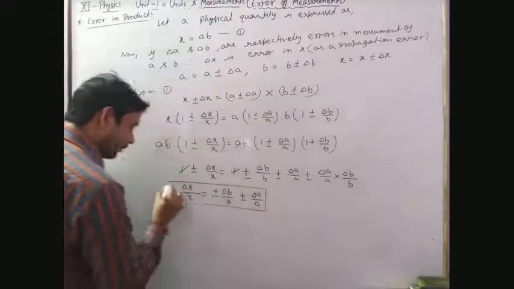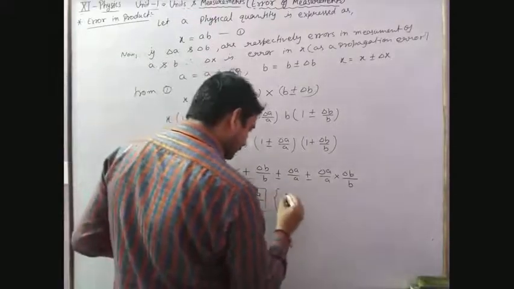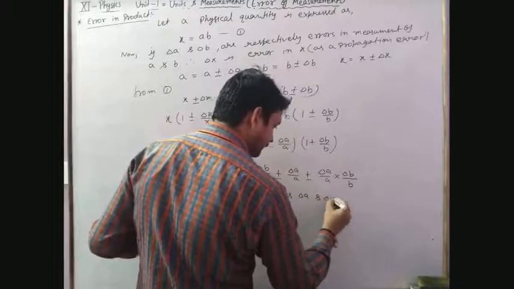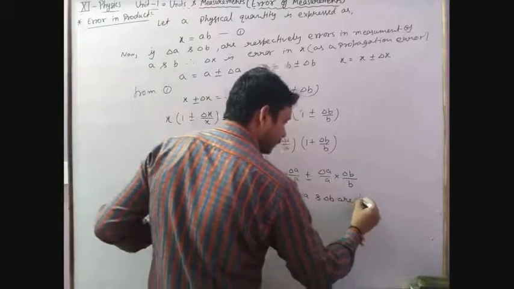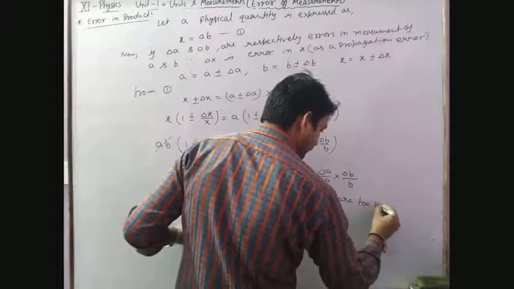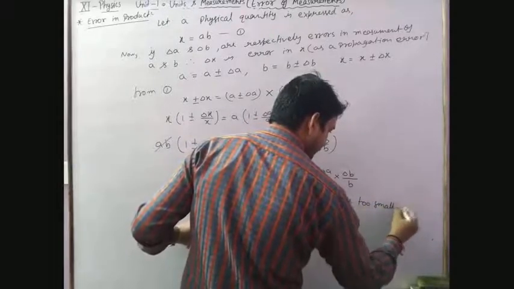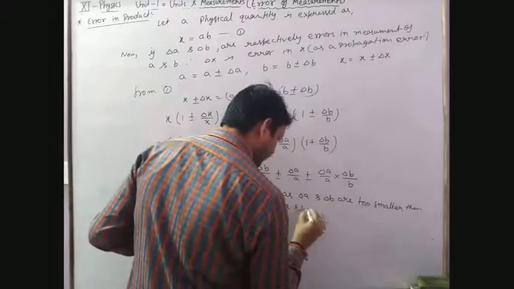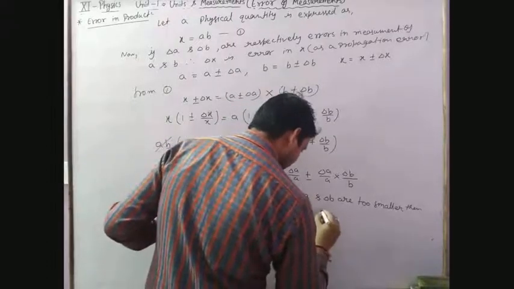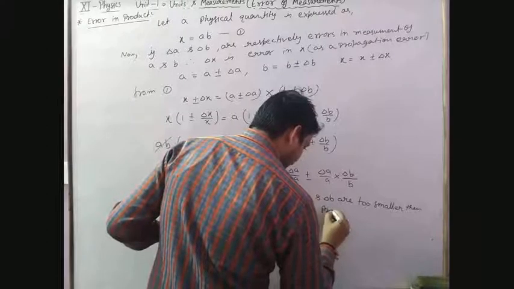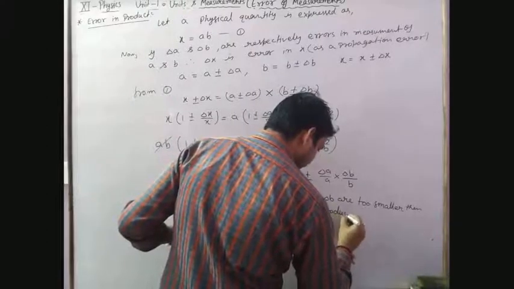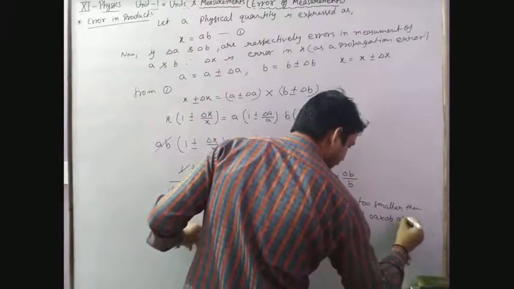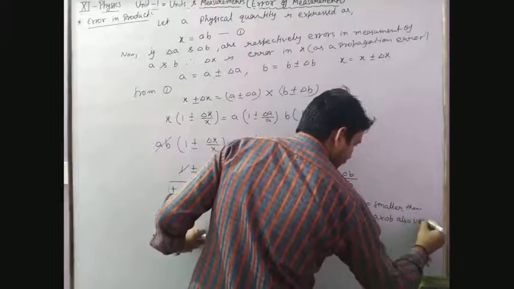This is actually the formula. Here, as δA and δB are very small compared to A and B, therefore the product of δA into δB is also very small.